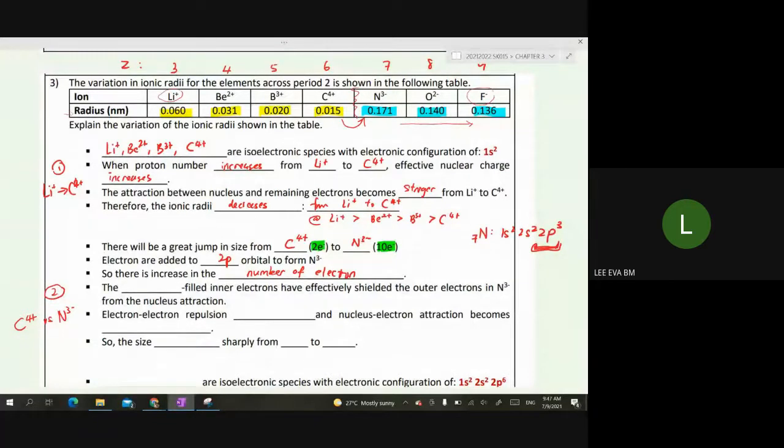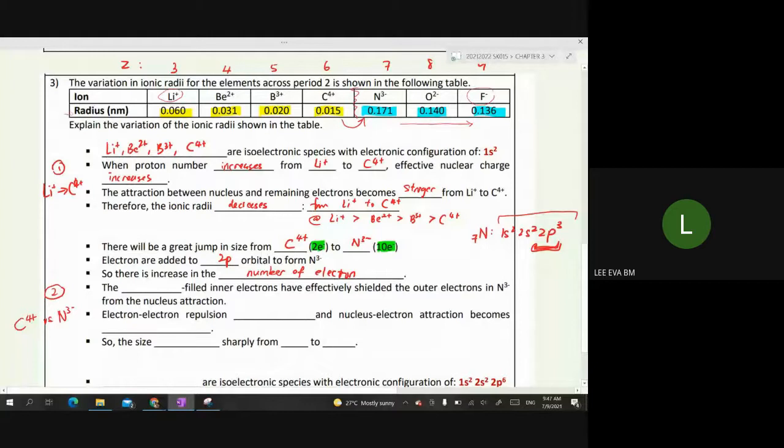So what happened? The next sentence: the filled inner electron has effectively shielded the outer electrons from the nucleus attraction. Yang ini, kita bagi pilihan. Filled inner electron, is it partially filled, half filled, or completely filled? Yang ni ayat tambahan daripada tadi.